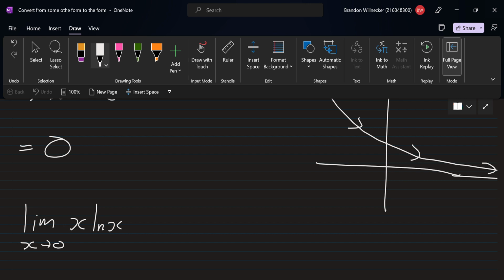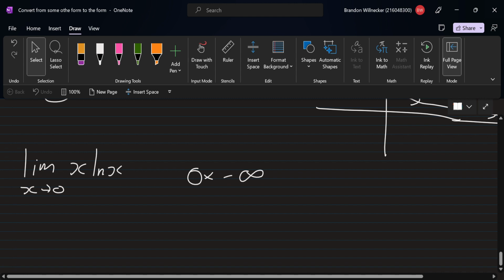For the second one, the natural log, as x goes to 0, we know that the natural log goes to negative infinity. So again, we have the type 0 times infinity. Okay, so you can have infinity being positive, infinity being negative. It has the same behavior, right? It's going off to infinity.